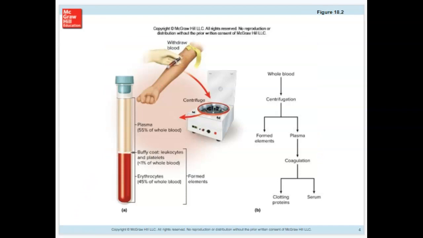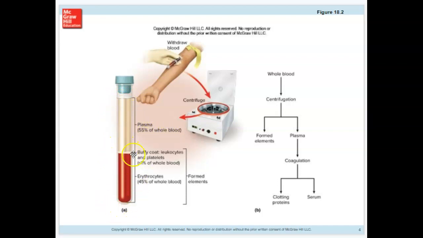Well, what kind of tissue is the blood? If you remember well, blood is the connective tissue, and it has a fluid part, which is the ground substance or the matrix of the blood, a liquid part, and it is the most abundant part, which is 55% of the whole blood.